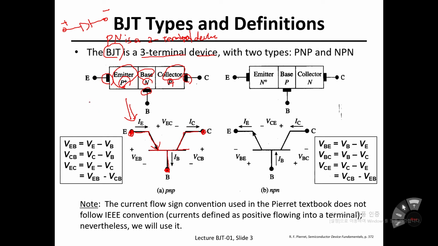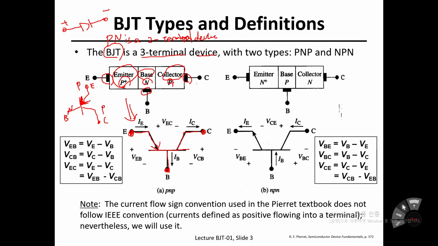So let me write down here: base, emitter, collector. So that is emitter, collector, and base. So this arrow indicates the type of BJT. If this arrow points toward the base side, then this is a PNP BJT.